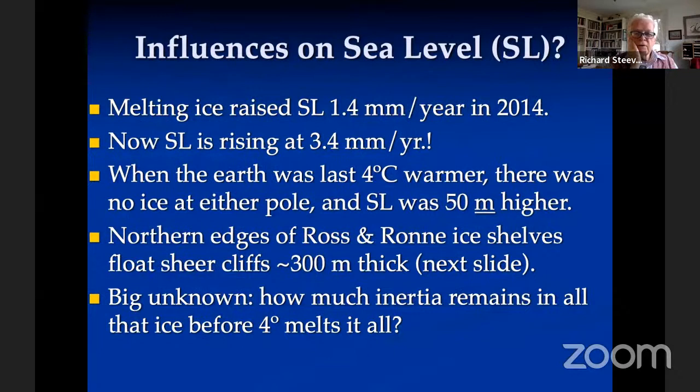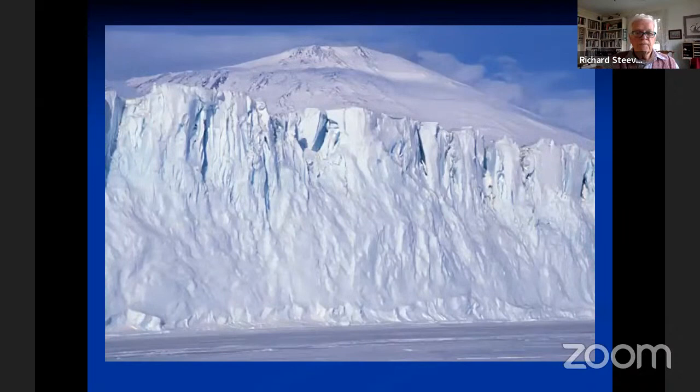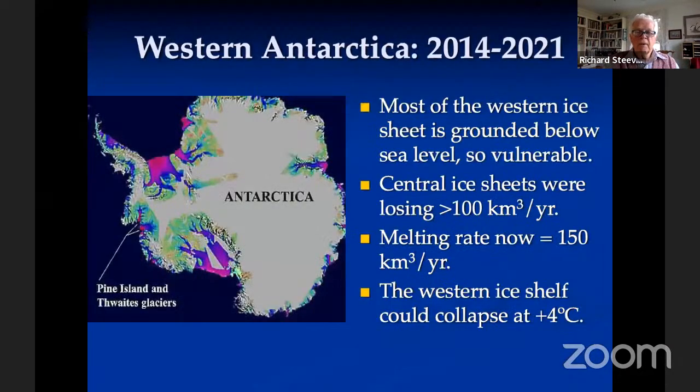The northern edges of the Ross and Ronne ice shelves float, sheer cliffs that are 300 meters thick. I'll show you that in the next slide. The big unknown is how much inertia remains in all that ice before 4 degrees melts all of it. This is an image. This is a map. And you see here, these ice shelves.